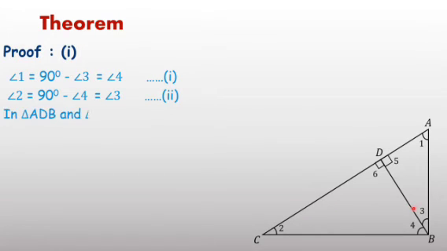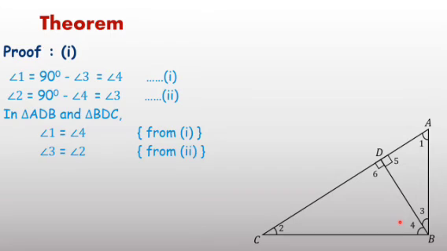Now take these two triangles, triangle ADB and BDC, the second triangle. Angle 1 equal to angle 4, from equation first. Angle 3 equal to angle 2, equation second.